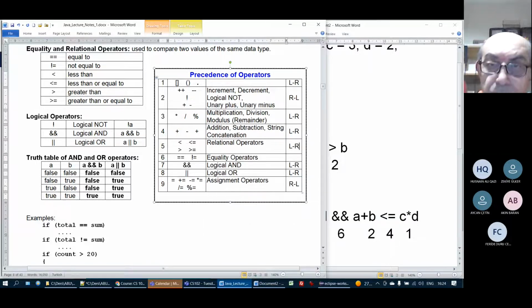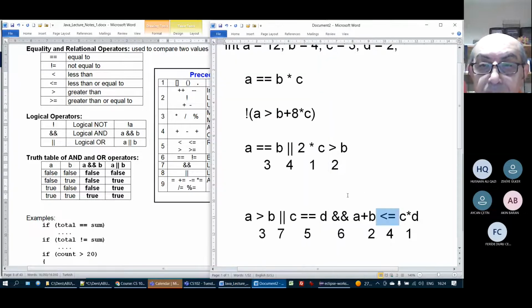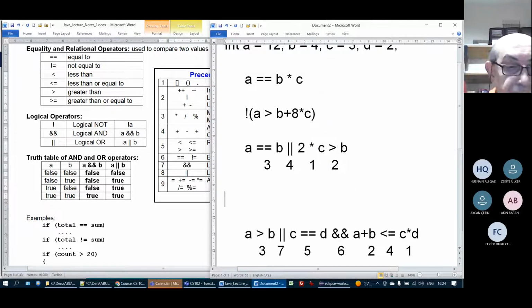I don't need this because they are not put together. If I have, for example, something like A plus B minus C plus D, here I have addition, subtraction, addition. They are all in one expression, and we process them from left to right. This is computed first. Then we do the subtraction and we do the addition.